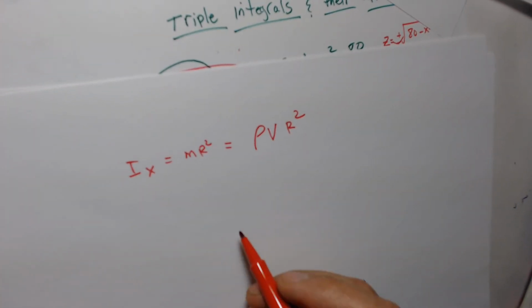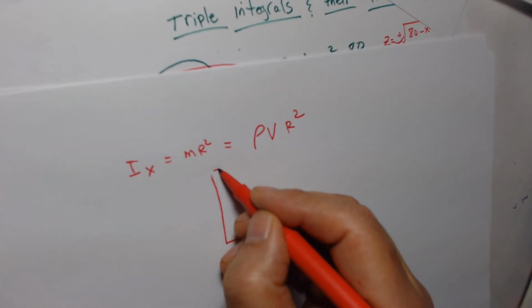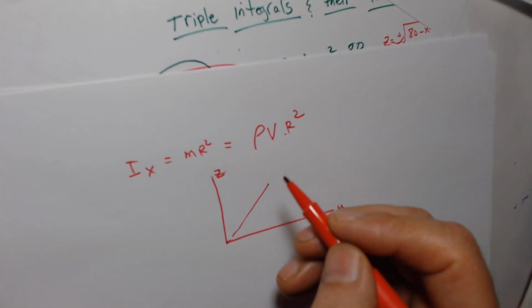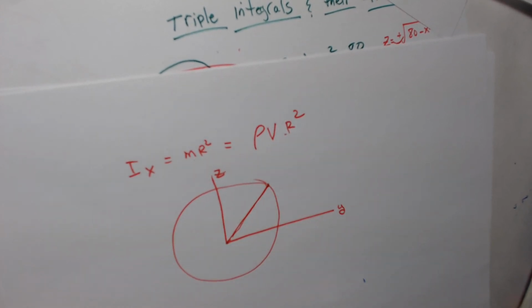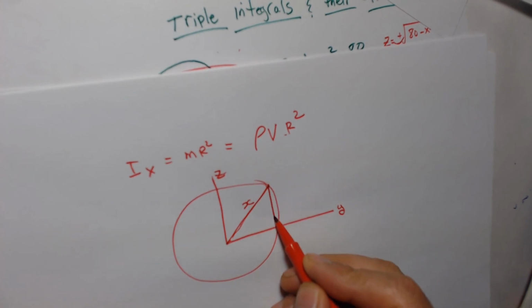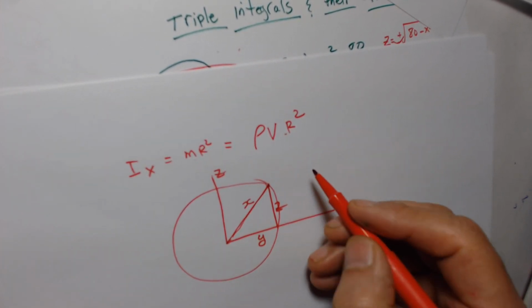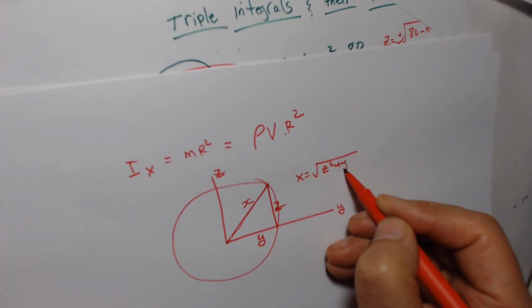But I want you to please pay attention. If this is your y and this is your z, this is your x, that must be a radius. Radius means this. And how much is that distance? This is your y, this is your z, that distance is the square root of z squared plus y squared.